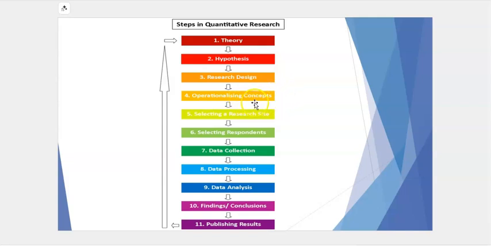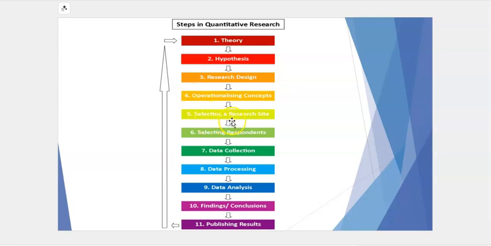This operationalizing of concepts is a very critical step. You will find many theories, research, and literature, and then you will decide how you will define your concept and how you will measure that concept. So that is the fourth step.